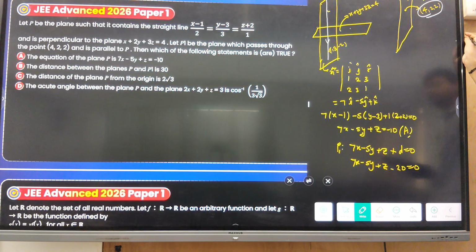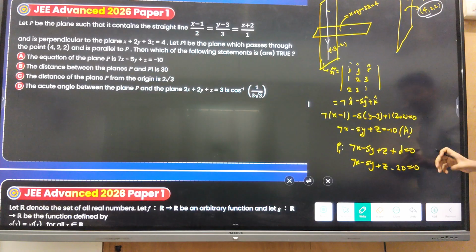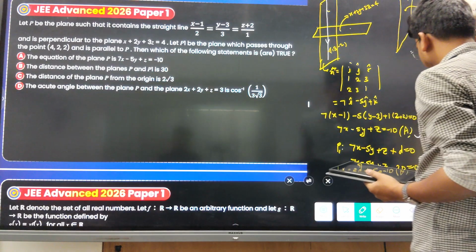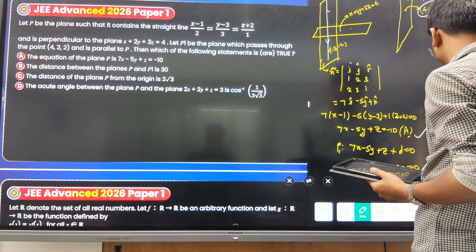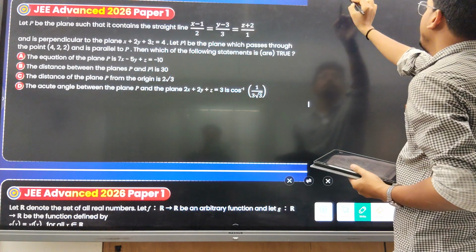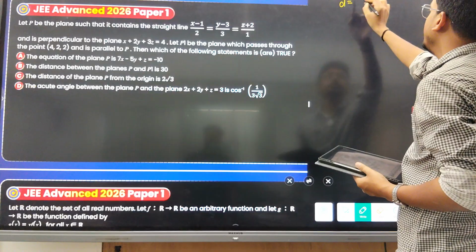Now we know the equation of this plane P and the plane P1. So easily we can find the distance between these two planes with the help of a formula. What is the formula for the distance between these two planes?